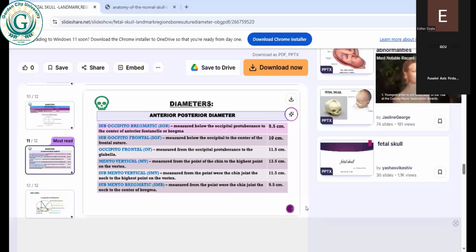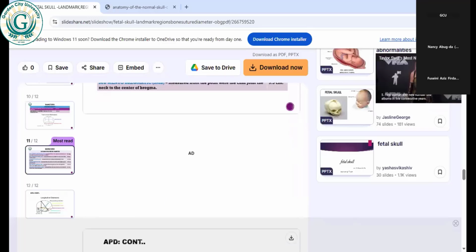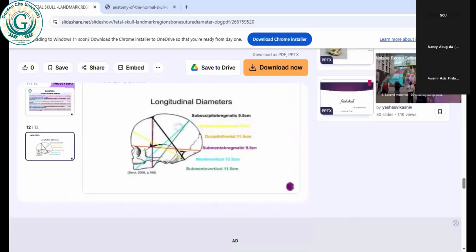Okay. So we looked at the longitudinal diameters, which are 6, and with the measurement we have the transverse diameters and then the longitudinal diameters. The longitudinal are the suboccipitobregmatic, suboccipitofrontal, the occipitofrontal, mentovertical, submentovertical, and submentobregmatic.